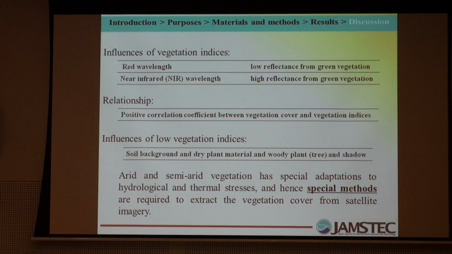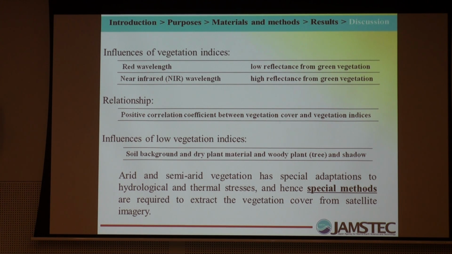Coming to the discussion, this research is about the influences on vegetation indices. Basically, red wavelength has a low reflectance from green vegetation, and near infrared has a high reflectance from green vegetation.